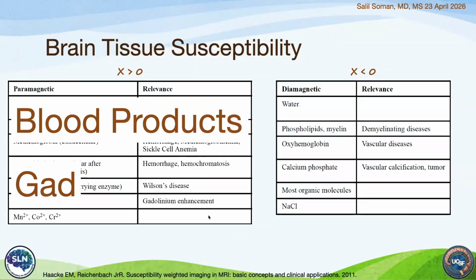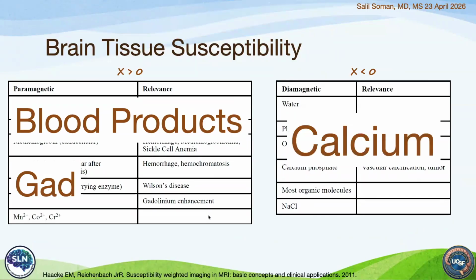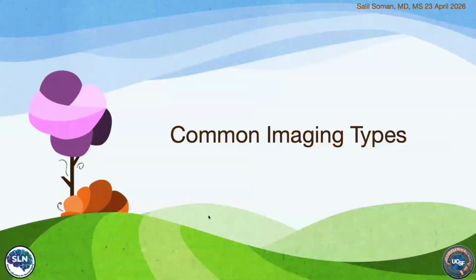Then you can have diamagnetic things, which are going to be negative susceptibility. There's water, phospholipids, most organic molecules, but really calcium is the big one that we end up trying to distinguish, right?